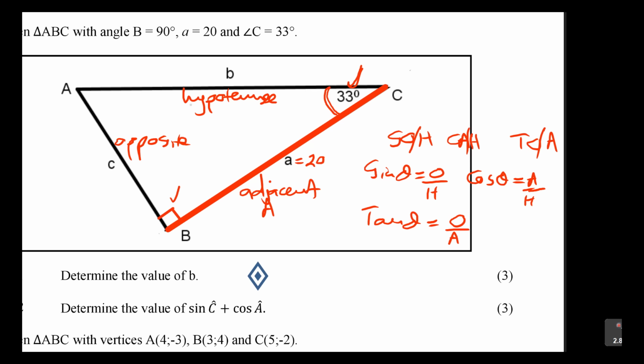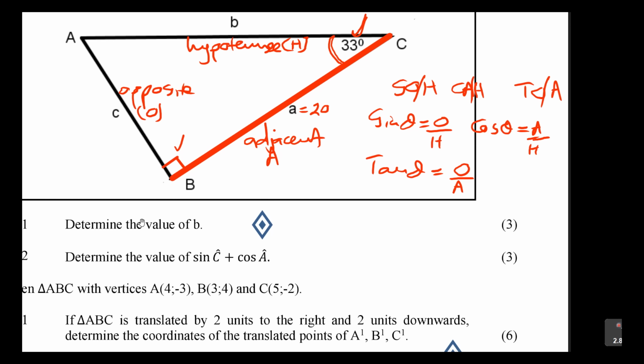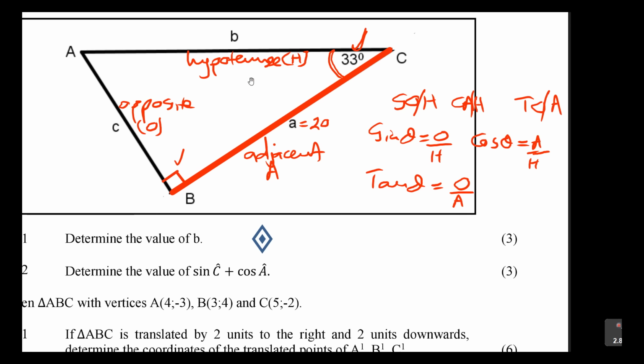So since I was using big letters, this is the H for the hypotenuse, and this is the O for the opposite. So now if they say determine the value of B, if you look at it, B is the hypotenuse. So you look at the trig ratios that I did for you, and you ask yourself which one has the hypotenuse. You can see that sine has got H, cos has got H, so one of them will work.